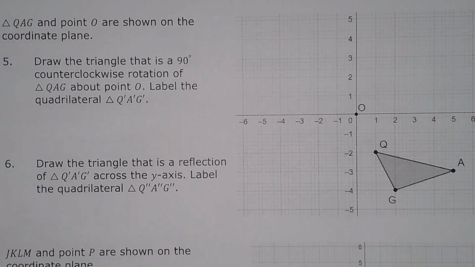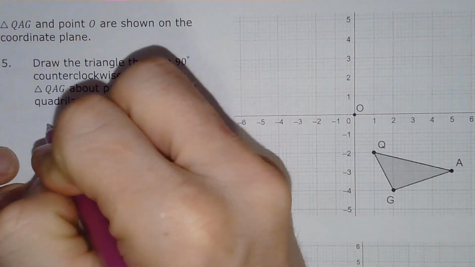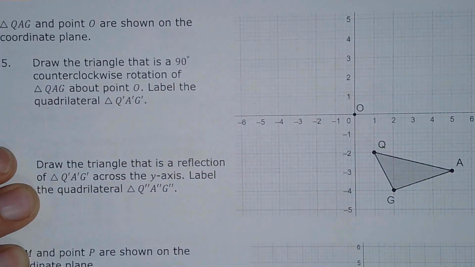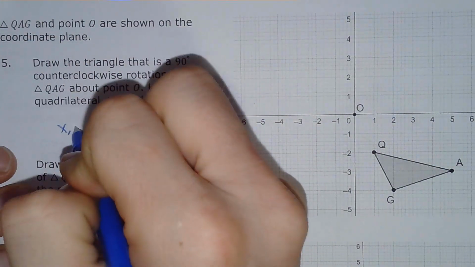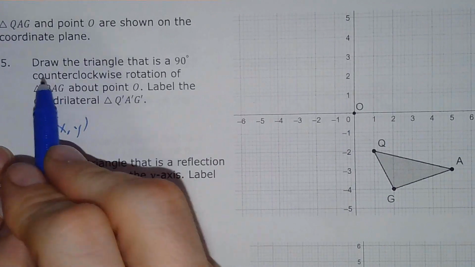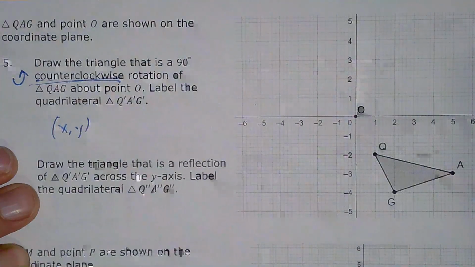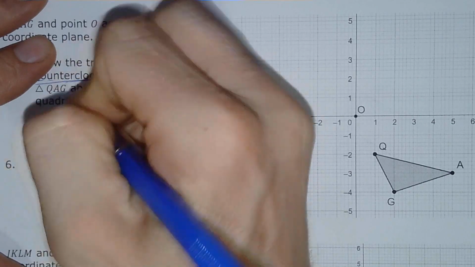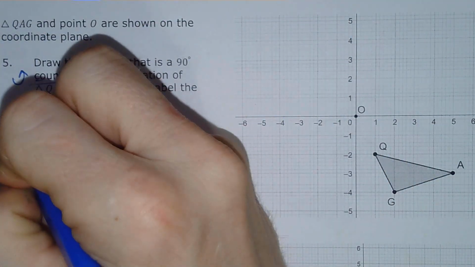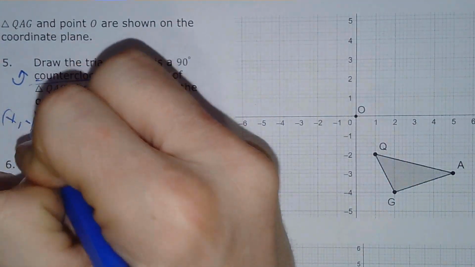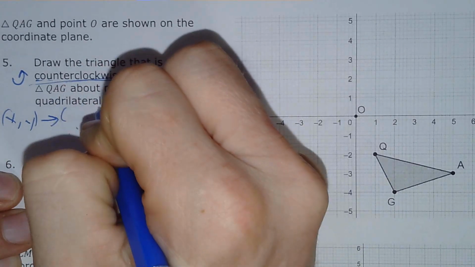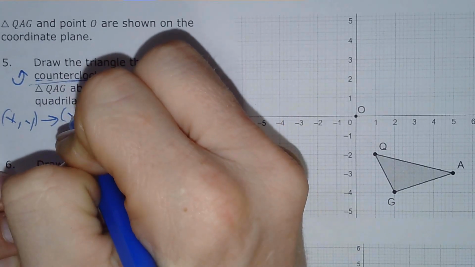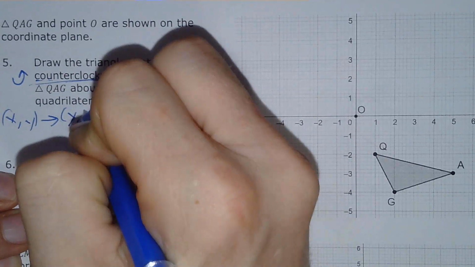All right, so a clockwise rotation is, let's go with blue, x comma y, oh sorry, counterclockwise. Counterclockwise is this way. So a counterclockwise rotation is x comma y, and then remember, for 90-degree rotations, my x and my y swap.